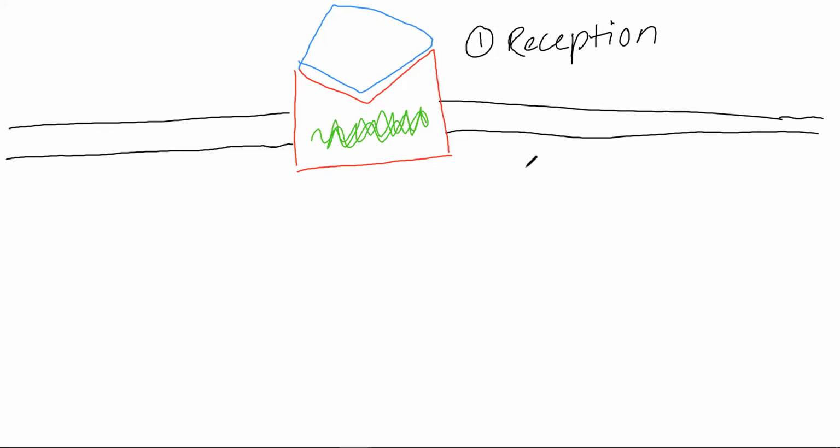Well, this message doesn't just stay in the receptor itself. It needs to travel through a series of things in order to trigger a response. So step 2, we're going to call transduction. Transduction is a series of processes that eventually trigger your response.